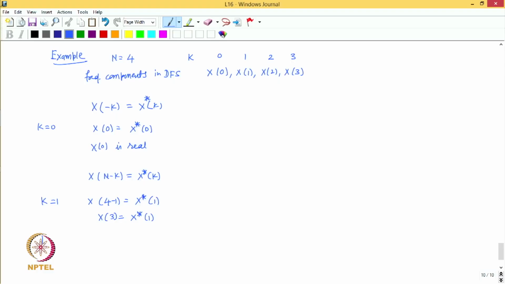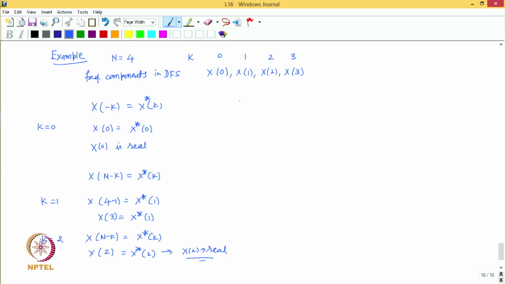Let us see for k is equal to 2, we know that x n minus k is equal to x star k, right. So, if I take k is equal to 2 and n is equal to 4, then this is x2 is equal to x2 star. So, this again shows that x2 is basically real, right.